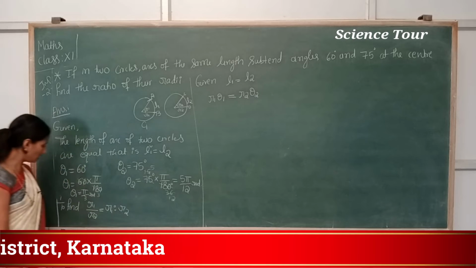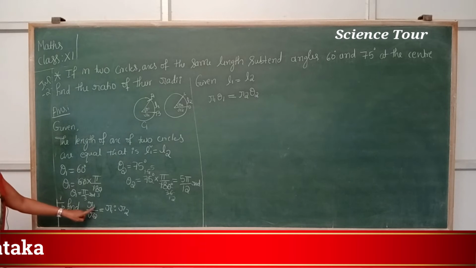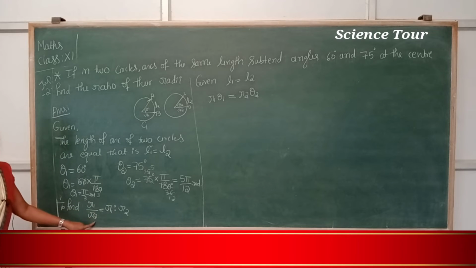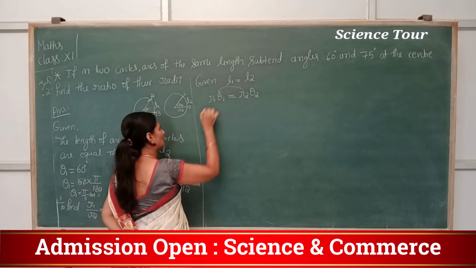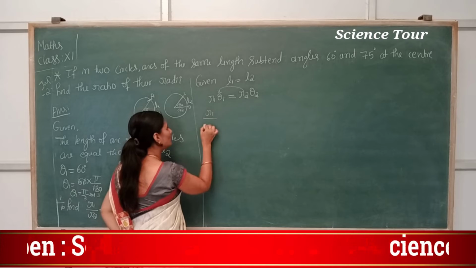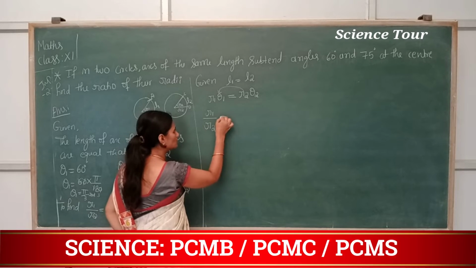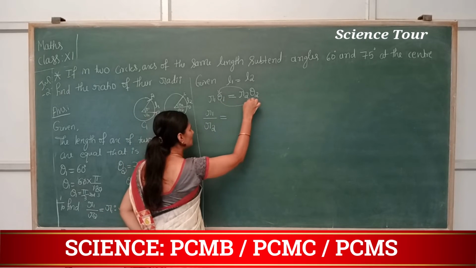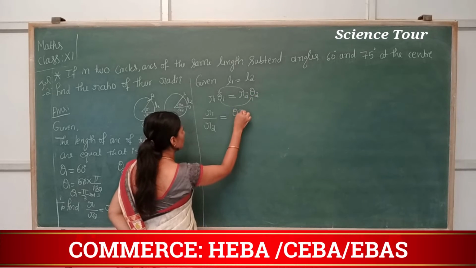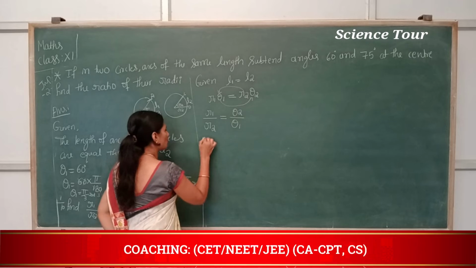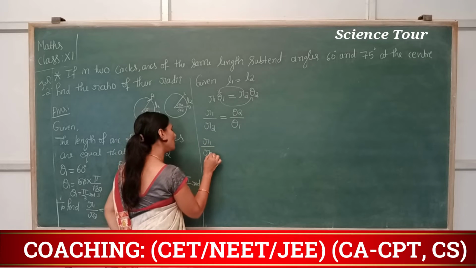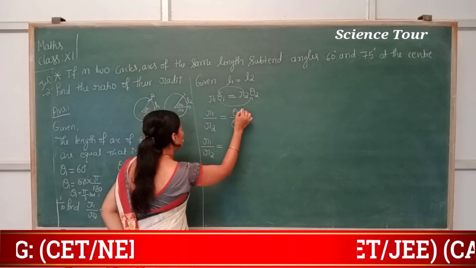I need the ratio of radii. So that means I need R1 divided by R2. So bring this R2 to this side. Then R1 divided by R2 is equal to, take this theta 1 to this side, then it is theta 2 divided by theta 1.